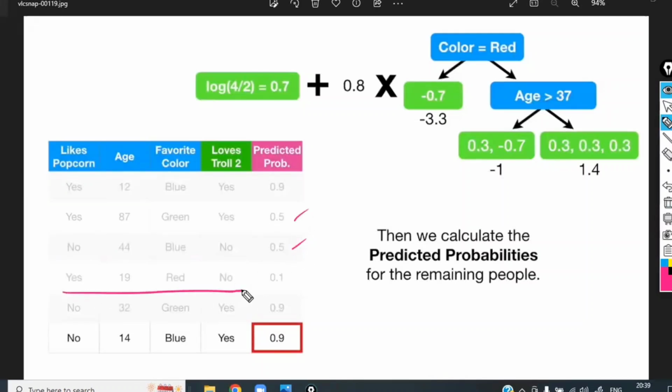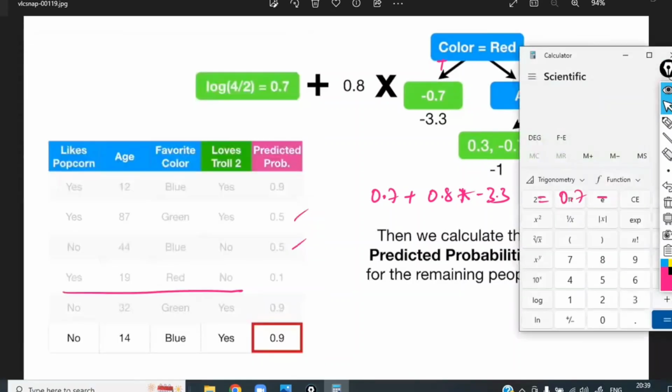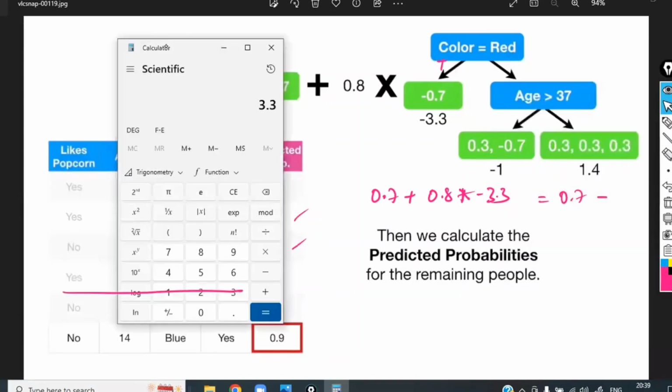Same answer as whatever you got earlier. Now you are calculating the fourth record. Tell me the log of odds for this. 0.7 plus 0.8 into, color is equal to red, true, which means minus 3.3. The value is 0.7 minus 3.3 into 0.8, which is 2.64. So 0.7 minus 2.64 is minus 1.94.